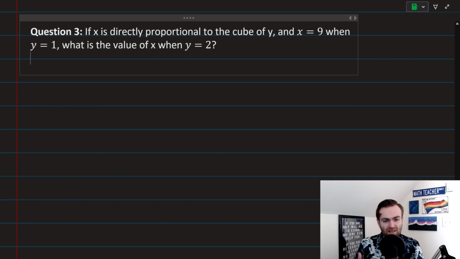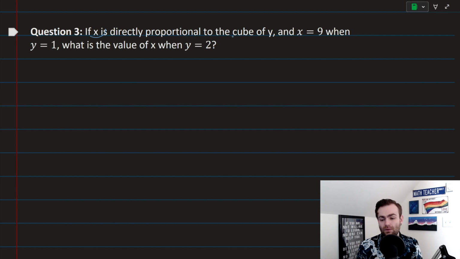The last thing that you might be asked is, instead of a directly proportional relationship between the two variables themselves, it could be a directly proportional or inversely proportional relationship between some modification of these variables. So in this case here, we have x by default, but we have the cube of y. So that means in our relationship where x is equal to k times y, or y is equal to k times x, the y is going to be cubed in either case.